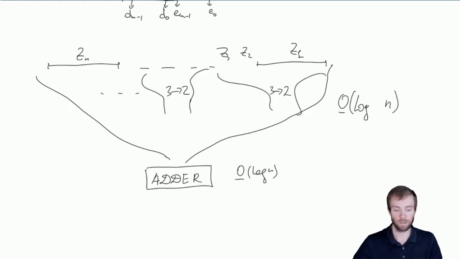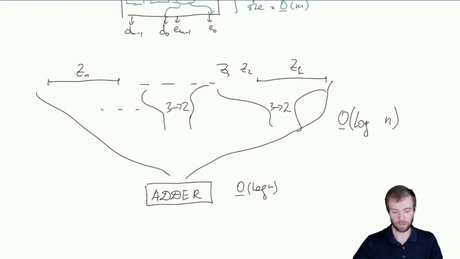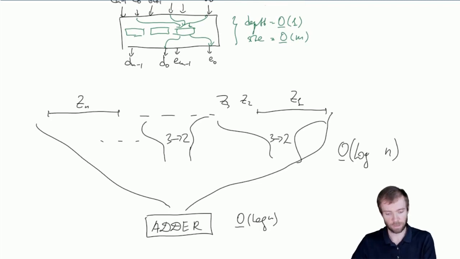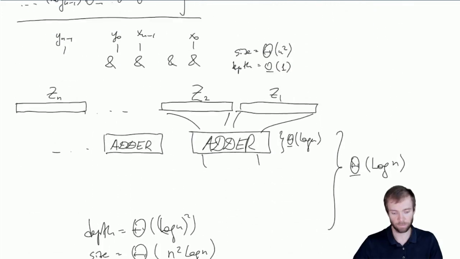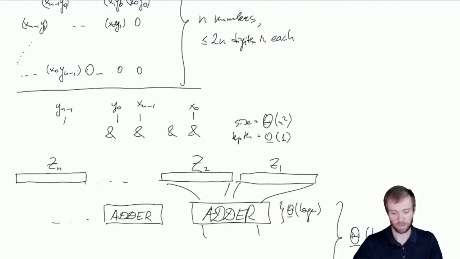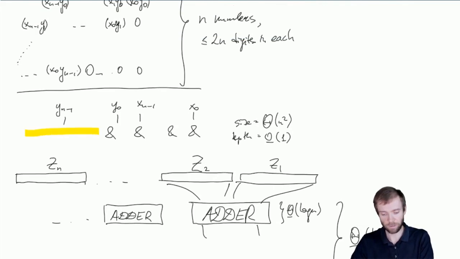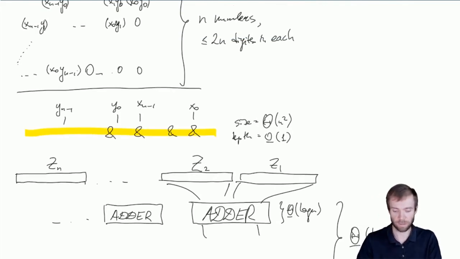So what is the total size and depth of our circuit? The depth, as we now see, is just logarithmic, and the size is determined by the following. The size of each 3 to 2 circuit is big O of n in the end, and the number of layers is this one. So the size of the circuit actually is determined by this layer of computing single bits.